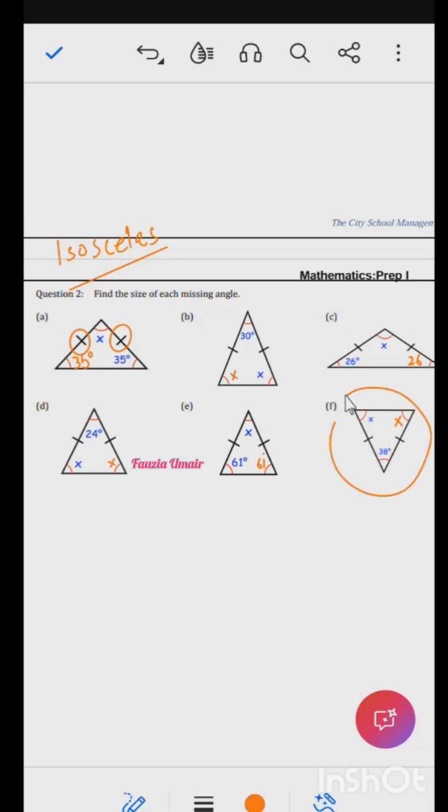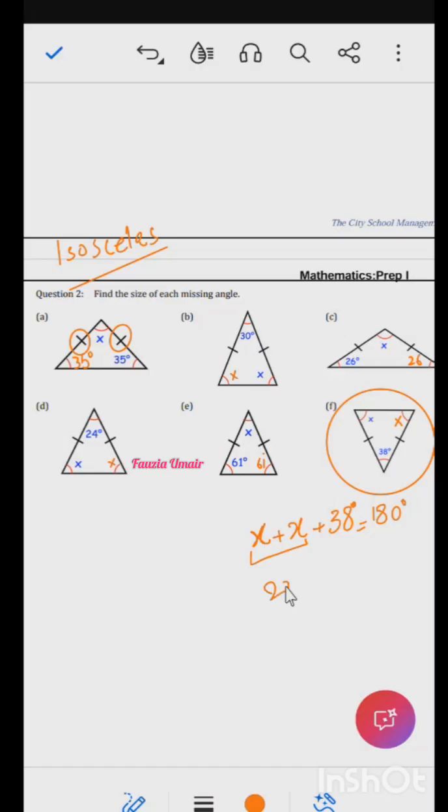How are you going to write it down? Ma'am, x plus x plus 38 is equal to 180. So now, Zainab, what is x plus x? Ma'am, 2x.